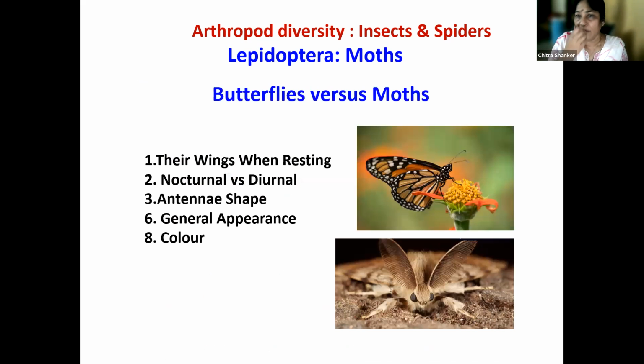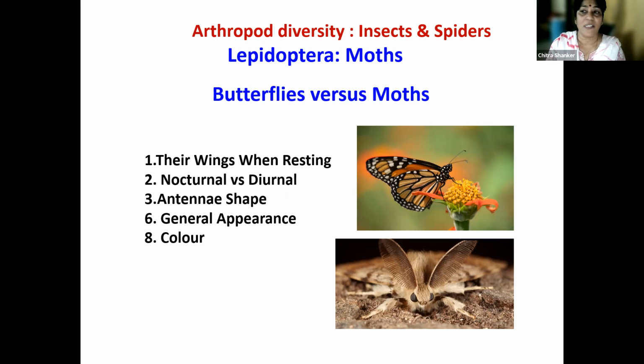And another group is the moths, actually. People are not very interested in moths, but you have to go to butterflies, while moths come to you. You will see moths just outside your house near the light source at night, because they come at night. And how do you differentiate between the moths and the butterflies? One first difference is the wings while they're resting.